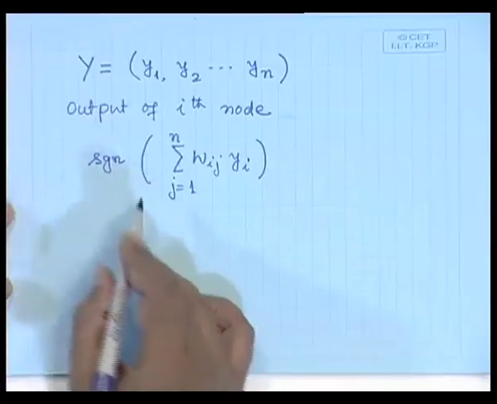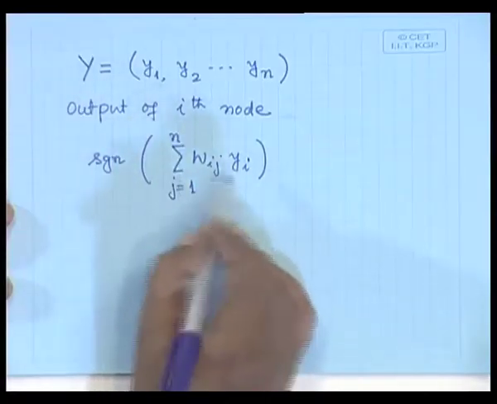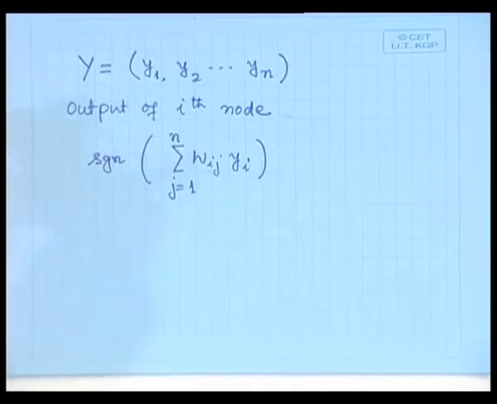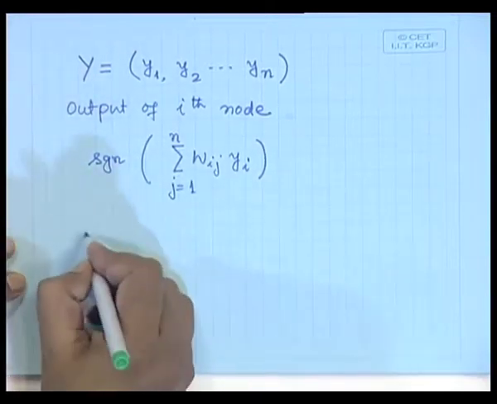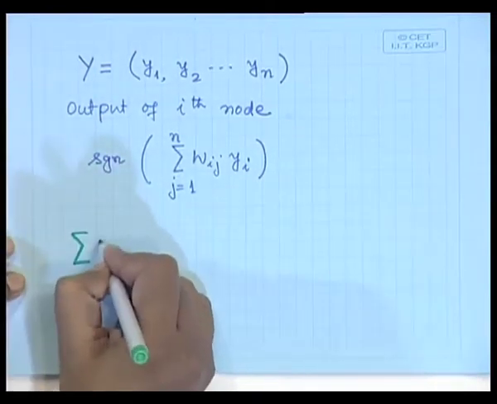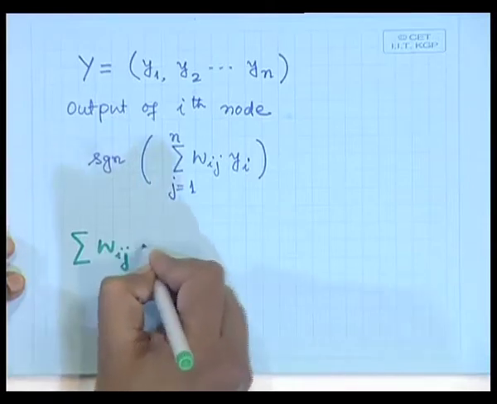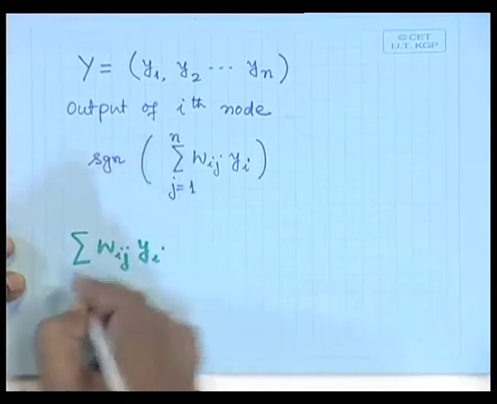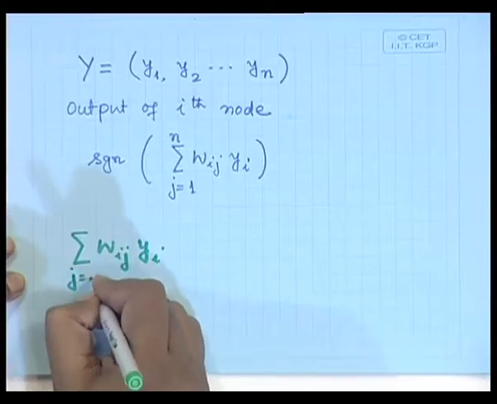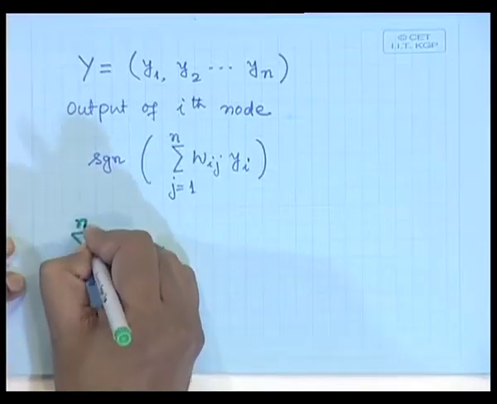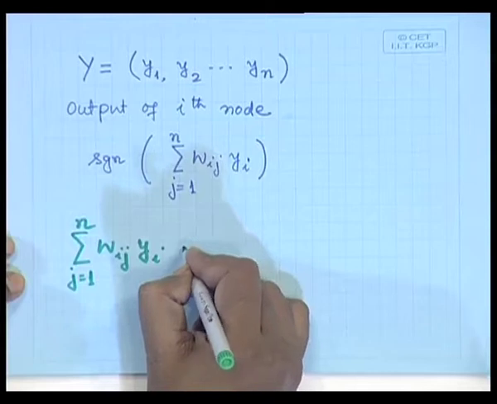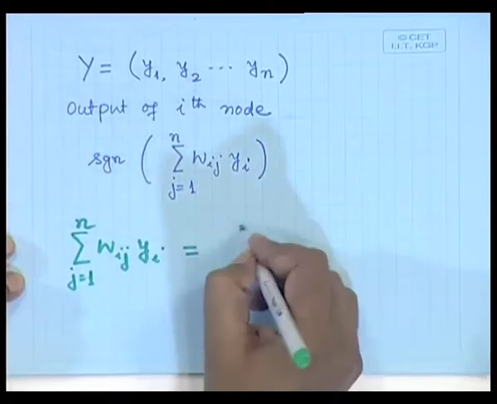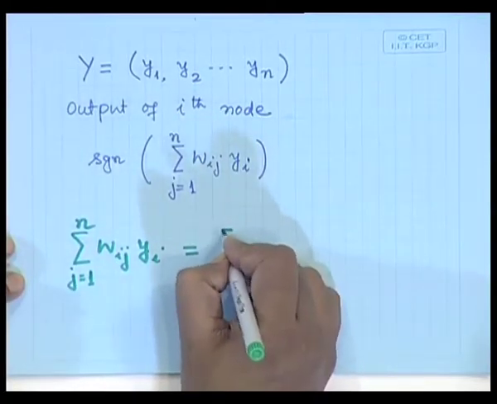Okay. So, if you analyze this term, the summation of w i j into y j, where j varies from 1 to n.